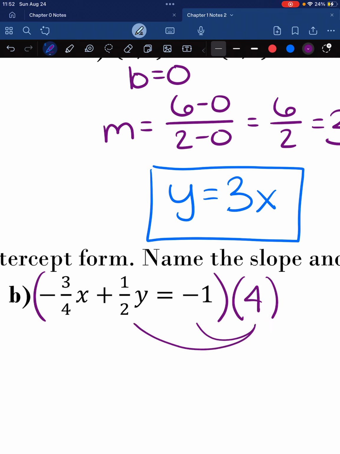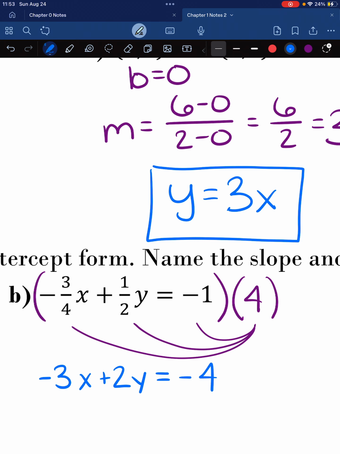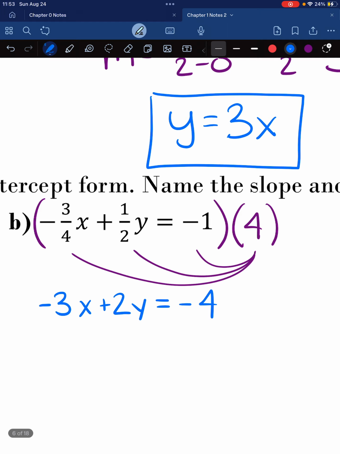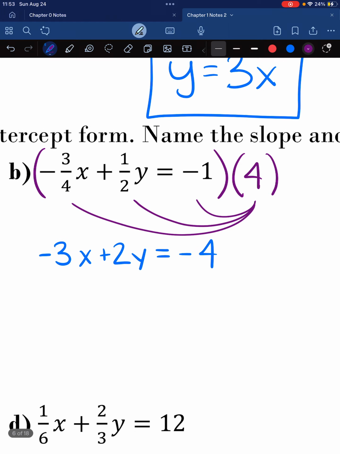Okay, I'm going to go ahead and make sure I'm careful to distribute that. Negative 3/4 times 4 is just going to be negative 3. Half of 4 is 2. And negative 1 times 4. And now I don't have to deal with fractions at all.